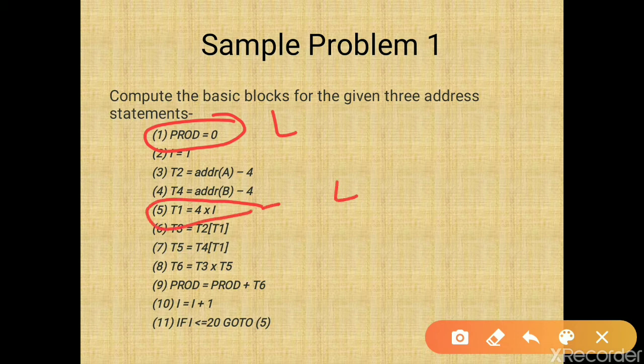If you can find two leaders here, the statements from the first leader to just the statement just above the next leader come under one block. I am calling it B0, and the statements after that till the next leader come under the next block.